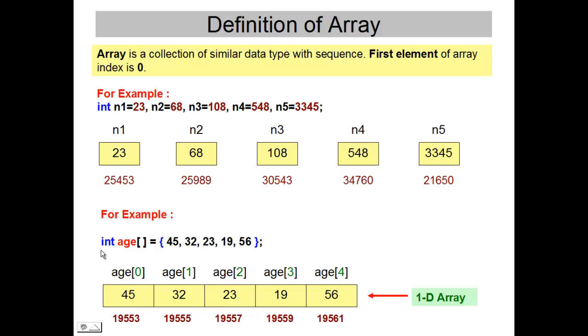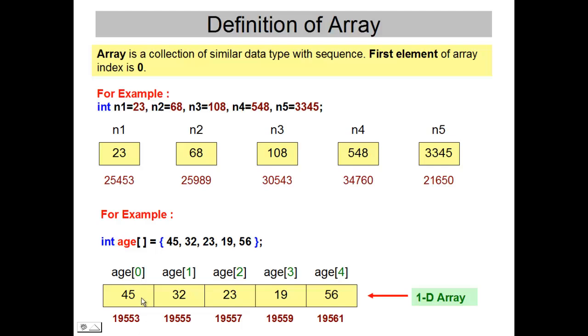The size of the array is equal to 5, and the first element of the array has index 0, so age of 0 value is 45, age of 1 value is 32, age of 2 is 23, age of 3 is 19, and age of 4 is 56.